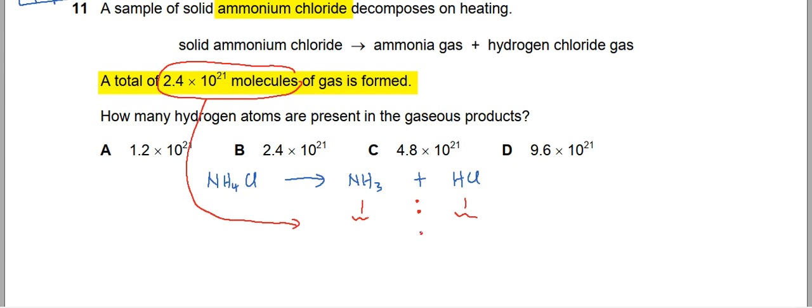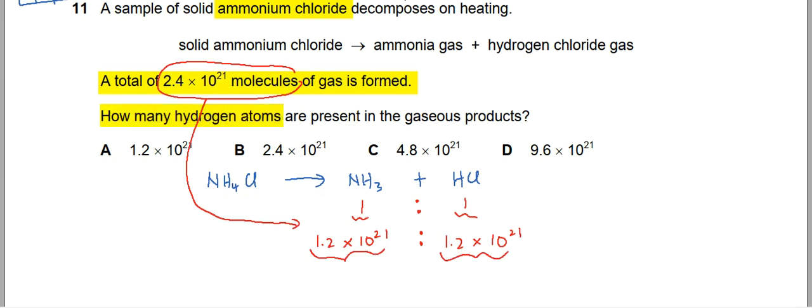Each of them takes half, so it is 1.2 times 10 to the power of 21, and 1.2 times 10 to the power of 21.